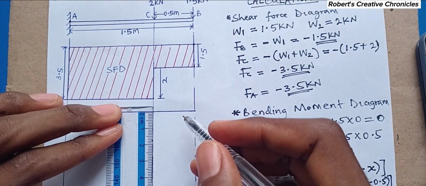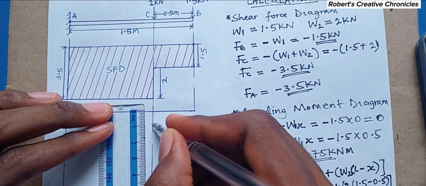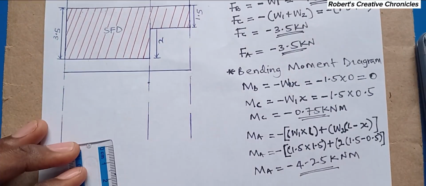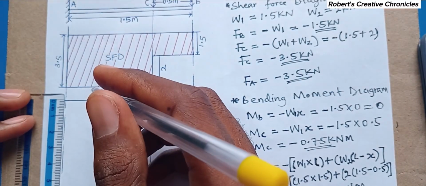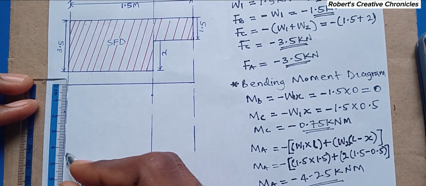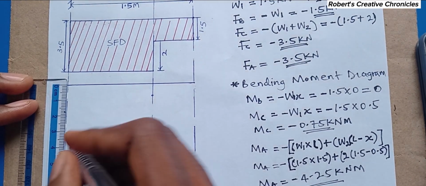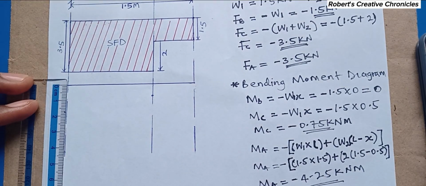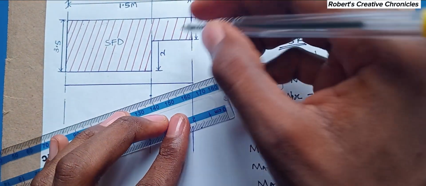You come down here 0.75. You mark it downward. And then the third one is minus 4.25. So you come here, minus 4.25 is here. So you mark it, and you join them by straight lines.